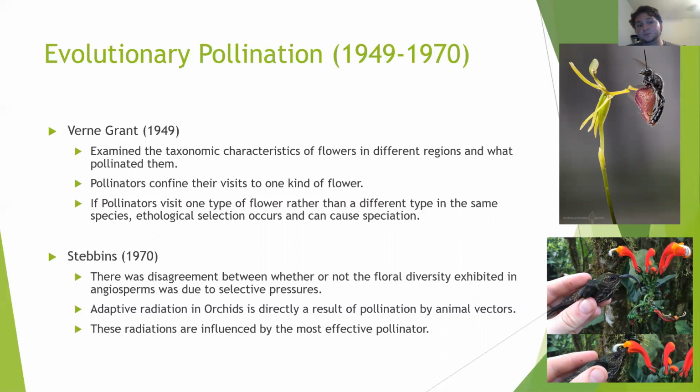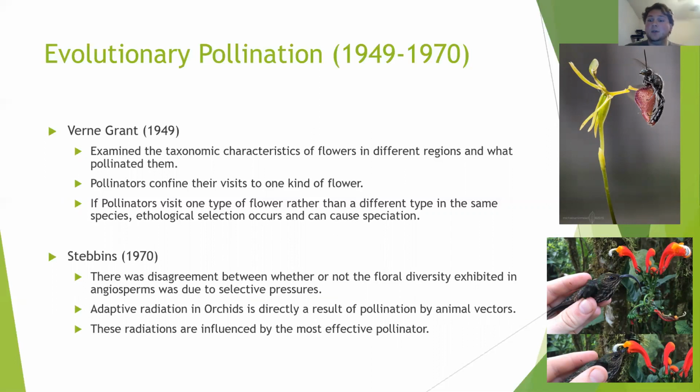And so what he examined was the adaptive radiation in orchids and how it was driven by pollinator vectors or animal vectors, and how these radiations are influenced by the most effective pollinator. So if you have 10 pollinators pollinating a plant, but one pollinates the best, the one that pollinates the best is going to have more evolutionary pressure than other ones.